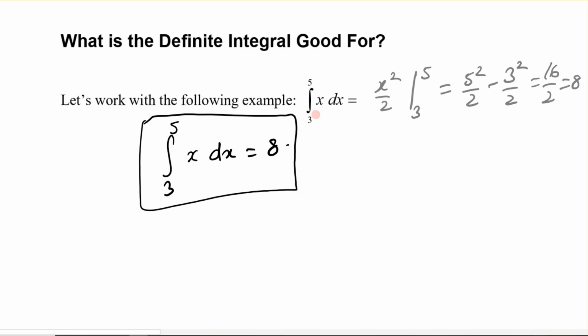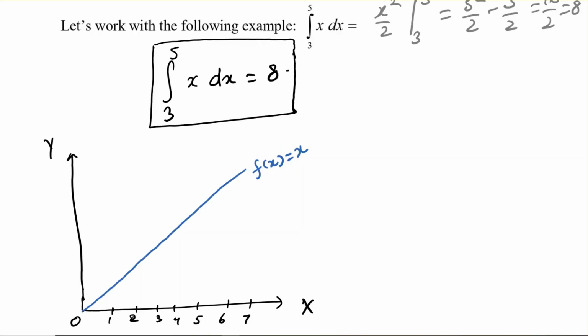So let's try to graph our function x. This is our function y equals x, or f(x) equals x. And what we're going to do is figure out the area under the curve between 3 and 5. So we are interested in this area.